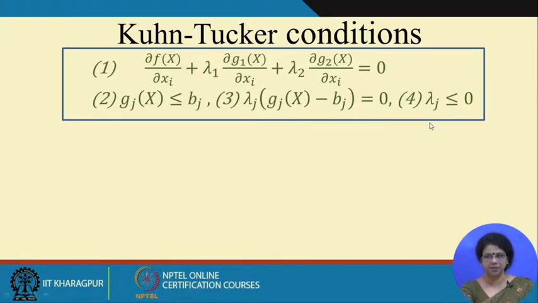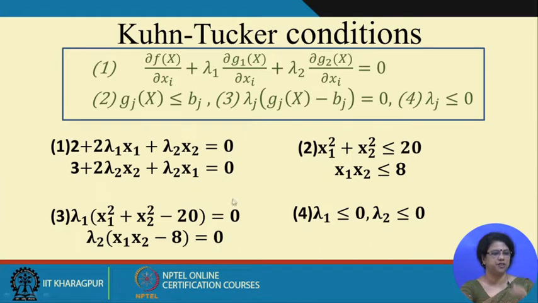This is the maximization problem. We do not know initially which is the active constraint and which is the inactive constraint, because we do not know the values of lambda 1 and lambda 2, but you have an idea from the graph which one is active and which one is inactive.